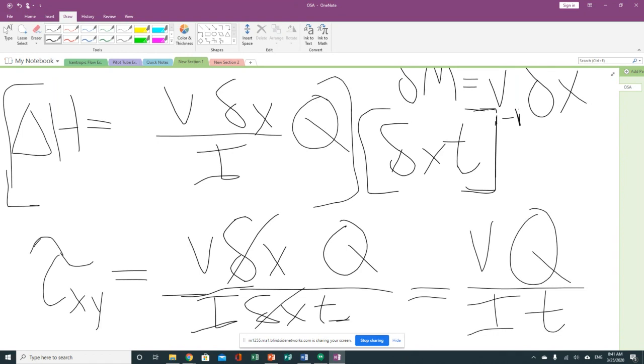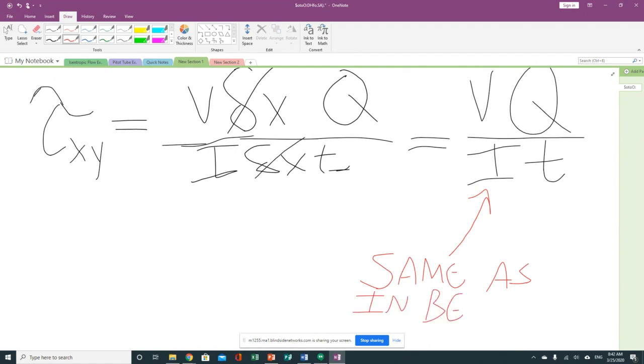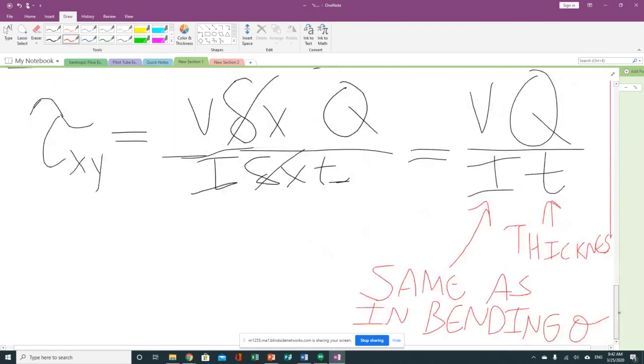So my shear force on a given section multiplied by my first moment of area divided by the section's second moment of area, the same as in bending stress. I is the second moment of area for the entire cross section. t is the thickness of the cross section. Thickness with two S's, I promise.